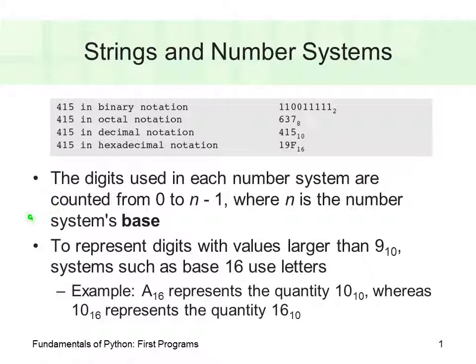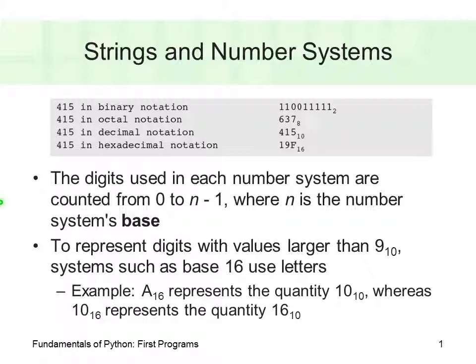Now, in case you weren't aware of this, the digits that are used in each number system are counted from 0 to n-1, where n is the number of the system's base. For instance, in base 2, binary, we only have the numbers 0 to 1 because 2 minus 1 is 1.